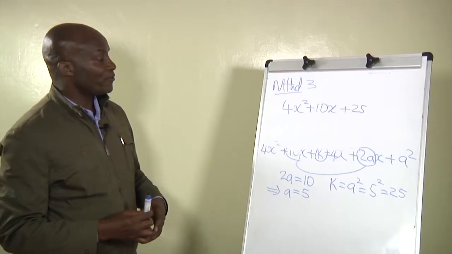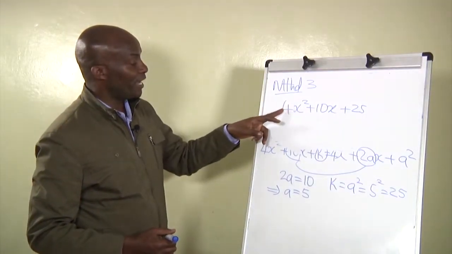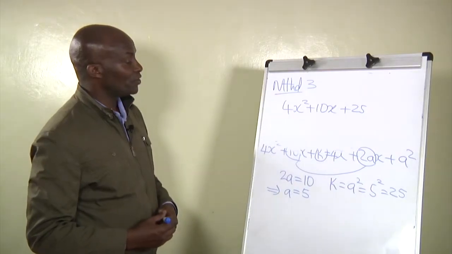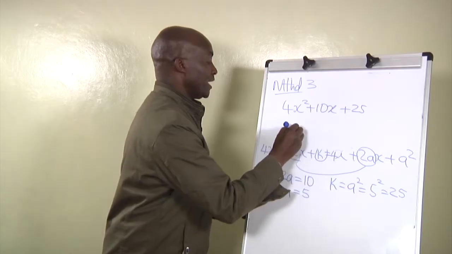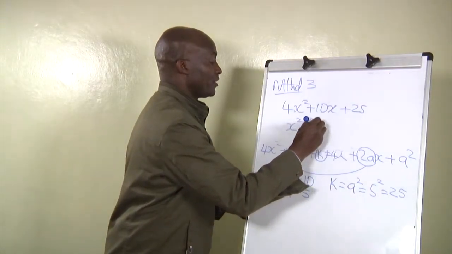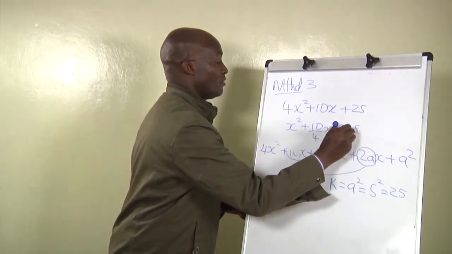But that is different from what we had before. Why? Because the coefficient of x squared is equal to 4. So if we divide throughout by 4, we'll get x squared plus 10 over 4 x plus 25 over 4.